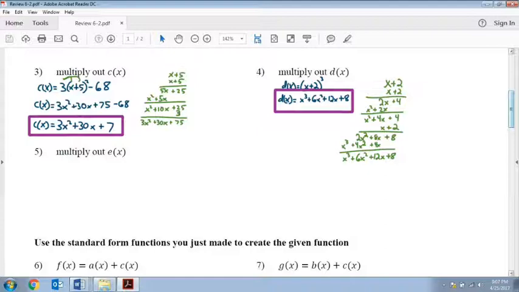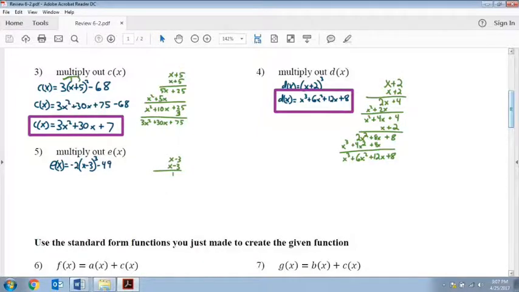Alright, last but not least, number 5, multiply out e of x. Now, e of x is the most complicated one of the bunch, so that's fine. So we've got e of x equals negative 2 times (x minus 3) to the third power minus 49. Let's start cubing it. So that's x minus 3 times x minus 3.